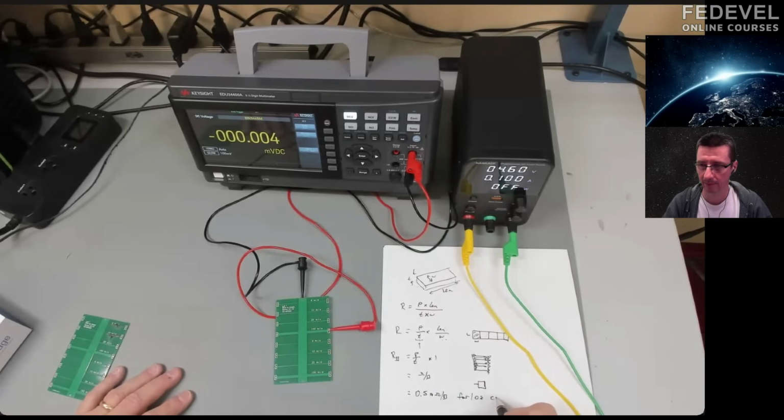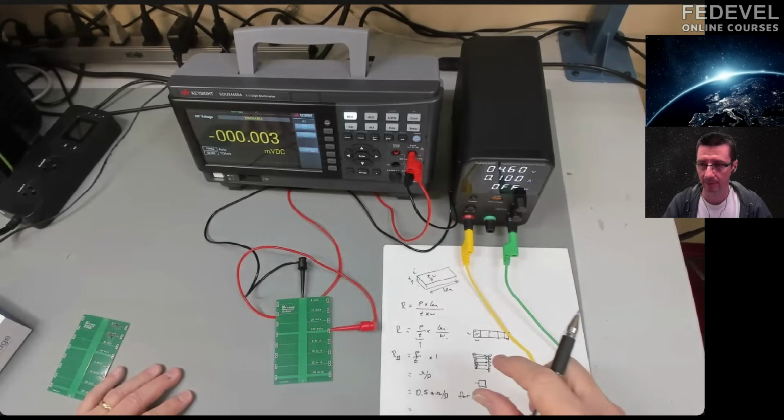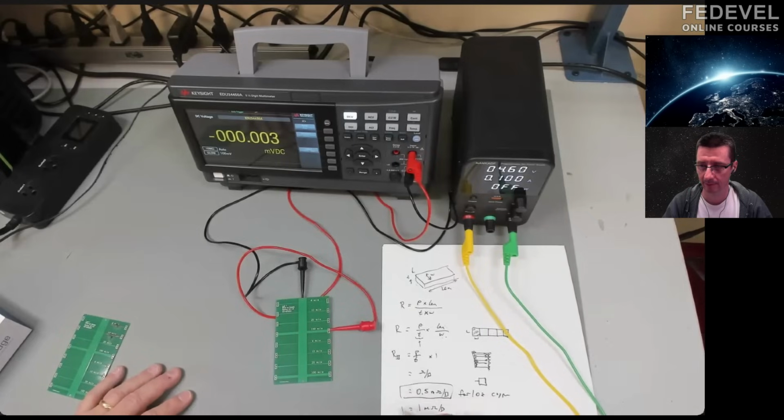And a really good number to remember because all 1 ounce copper is about that number. And for half ounce copper, the thickness is half the thickness, and so this gets half smaller, this gets twice as big. So it's going to be 1 milliohm per square. Two really important numbers to remember, because we're going to use them over and over again for half ounce copper.